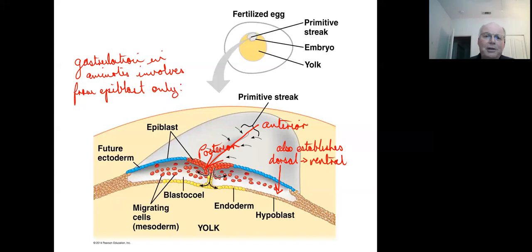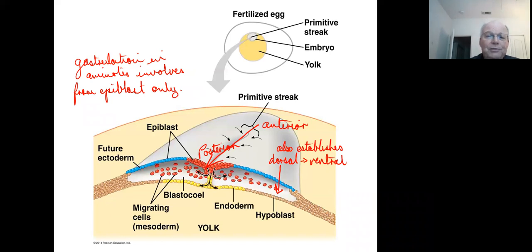So the hypoblast is not going to make any contribution to the embryo because the embryo is going to develop from these three germ layers. So the displacement of the hypoblast cells by the epiblast cells migrating completely across to form the endoderm is an indication that the hypoblast is no longer contributory to the embryonic cell mass. And this is something that we notice in amniotes very specifically.